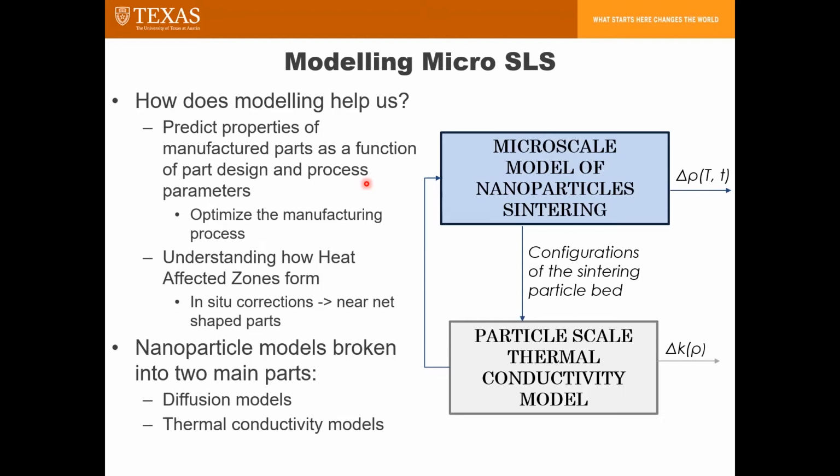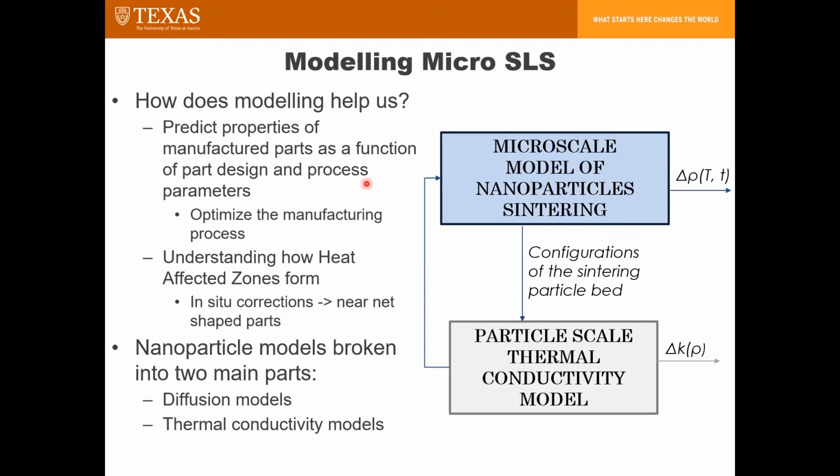The second advantage is that if we're able to predict the physical, electrical, and thermal properties of the manufactured parts prior to printing, then we can specifically optimize and design our sintering process parameters to yield the properties that we'd like to see. And so to achieve these goals, our modeling process is broken up into two main particle scale modeling efforts, which feed into each other.